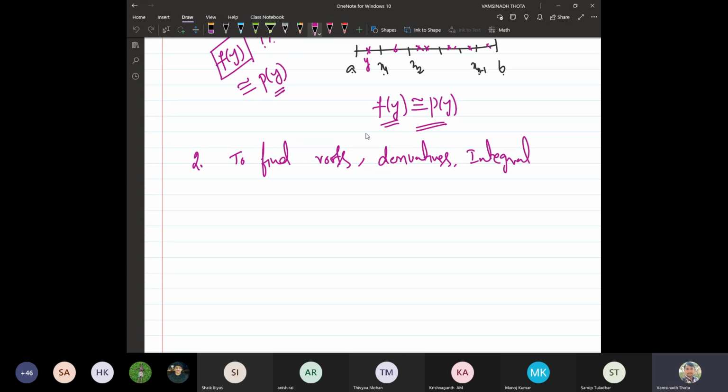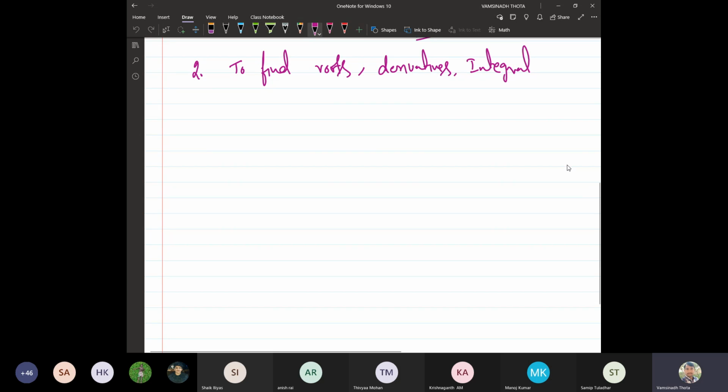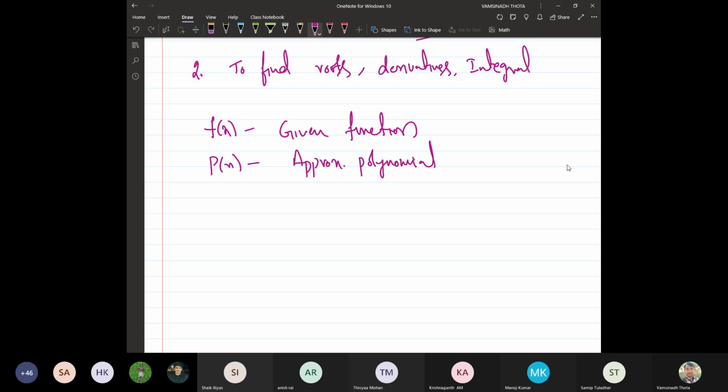Now let us look at some notations here. f of x is the given function, and p of x is the approximating polynomial. So there is always a deviation. This is the exact function and this is the approximate function.